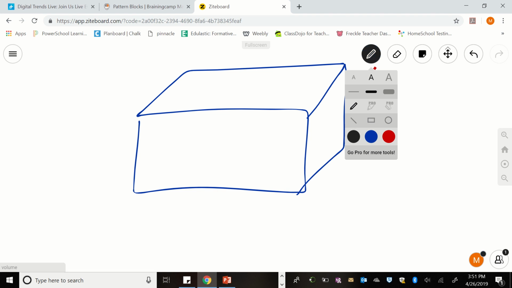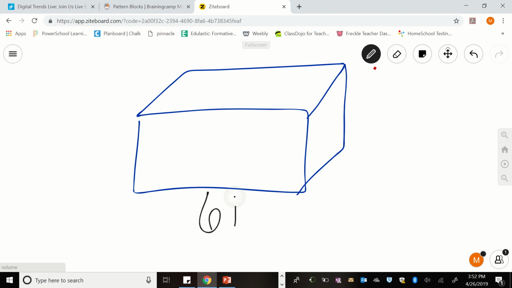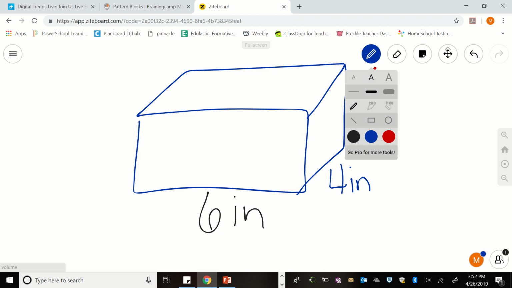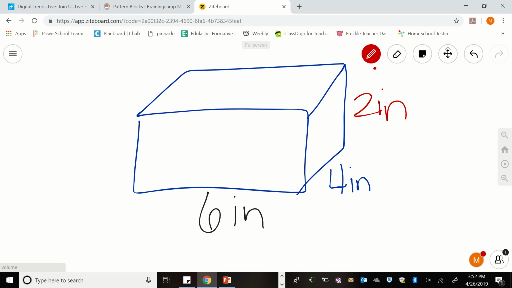My length, let's say, is 6 inches. Let's say my width is 4 inches. And let's say my height is 2 inches. I have 3 different numbers that I need to multiply together.